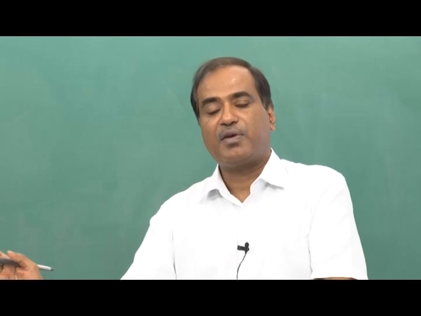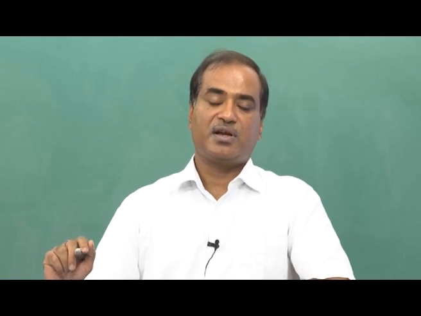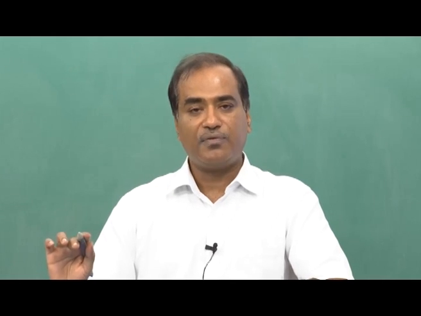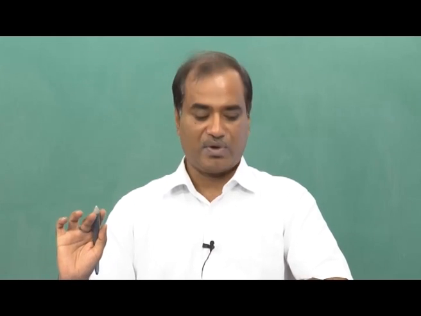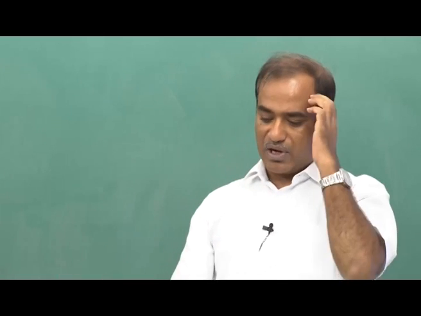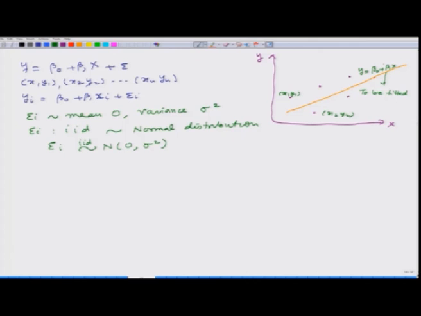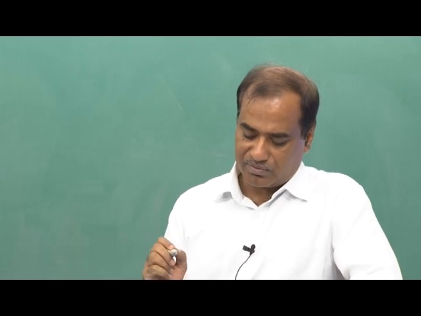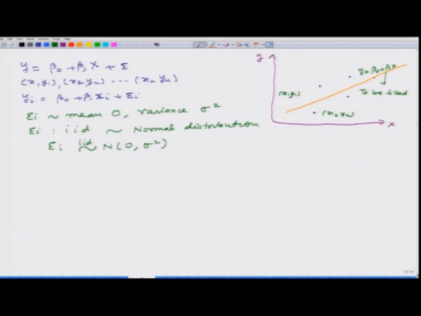And later on, when we are doing the maximum likelihood estimation, right from the first step we will require the assumption of normality. So you have to keep that in mind. I will try to explain it as soon as I come to maximum likelihood estimation and ordinary least square estimation. So under this setup, now we try to estimate the parameters.